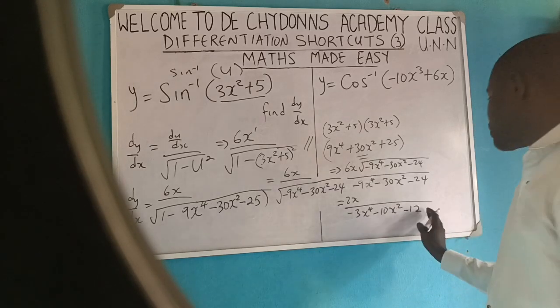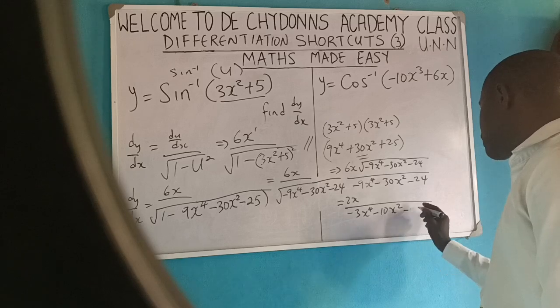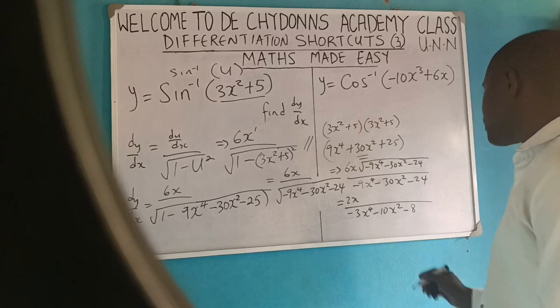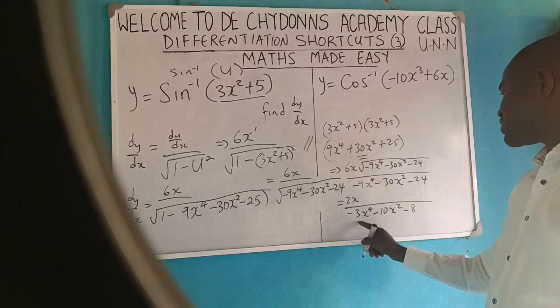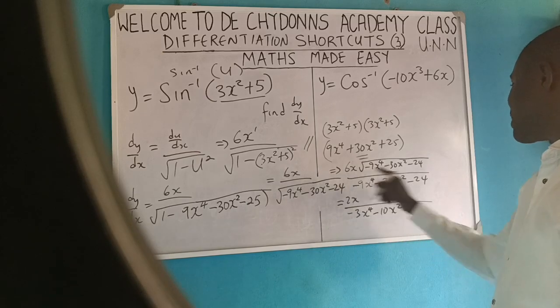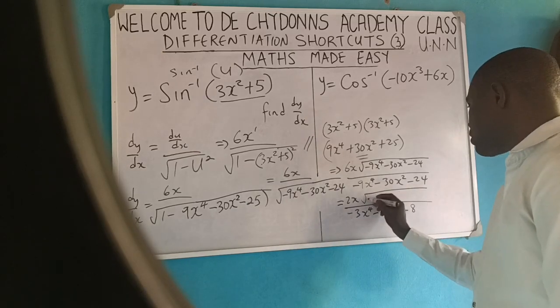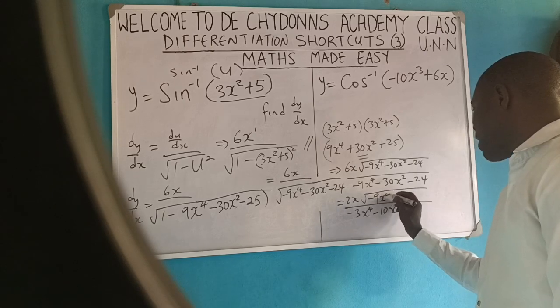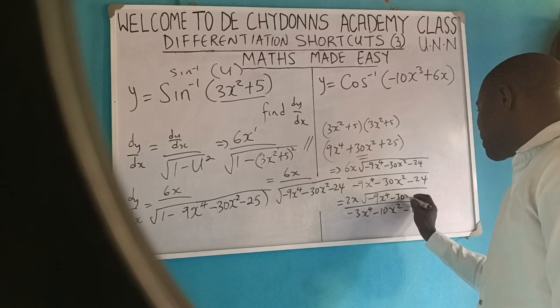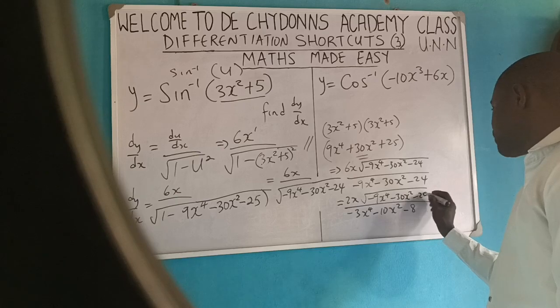Okay, we are using 3, minus 8. Because 3 divide this is 3, 3 divide this is 10, 3 divide this is 8. Square root of minus 9x raised to power 4 minus 30x squared minus 24.